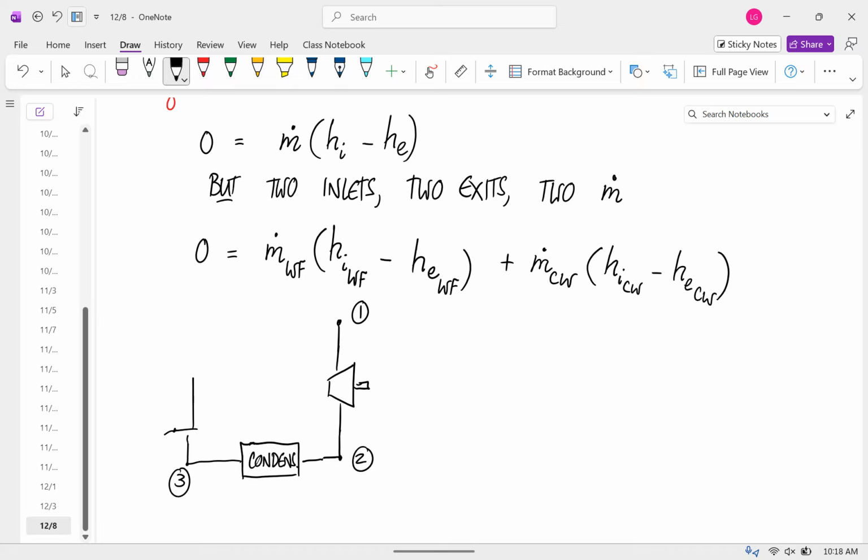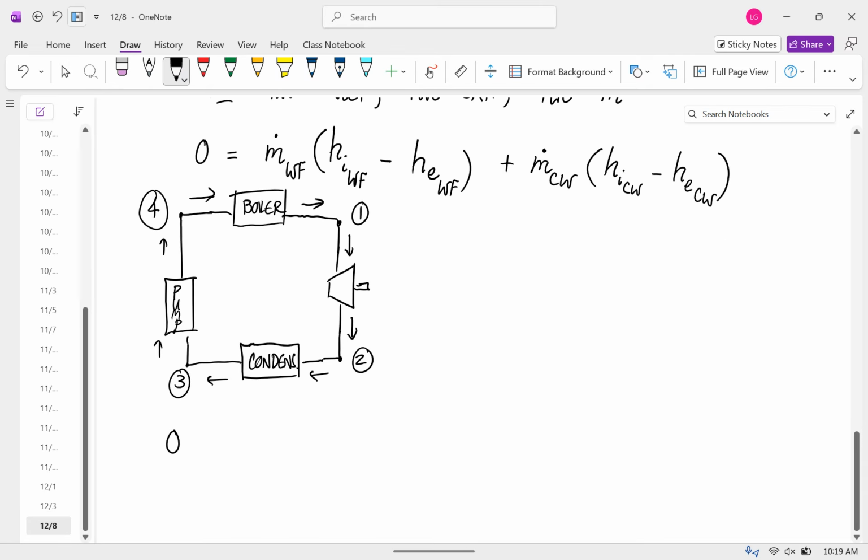Then it goes through the pump to state 4. All this is irrelevant at this point, but I got to finish my picture now. So this is the boiler, from state 4 to state 1. And we're going around this way. And so coming into the condenser is state 2, leaving the condenser is state 3.